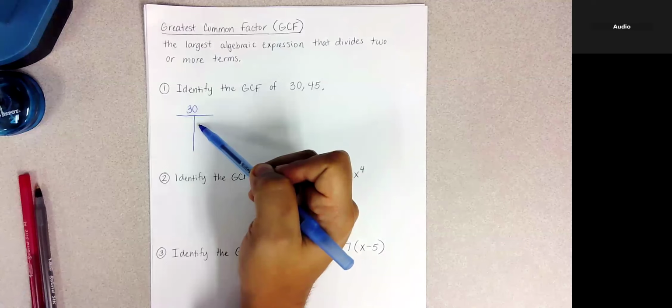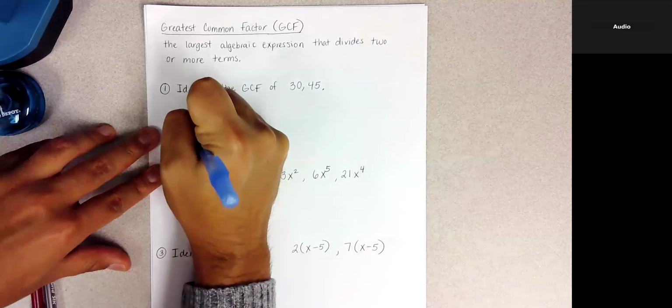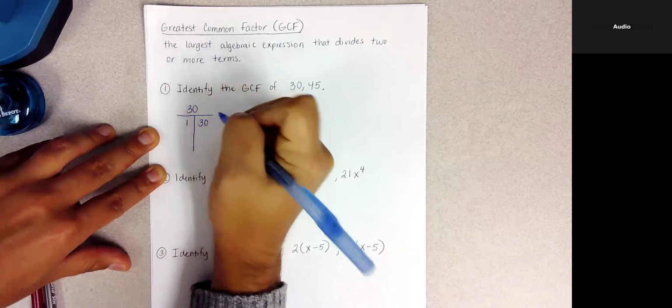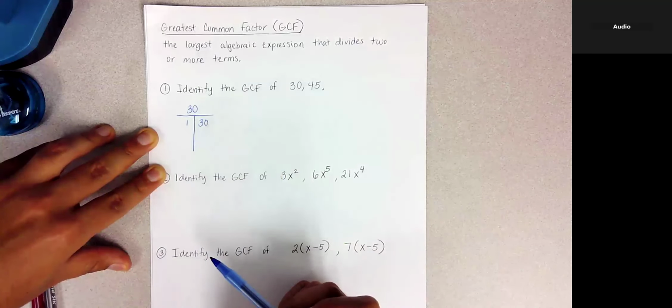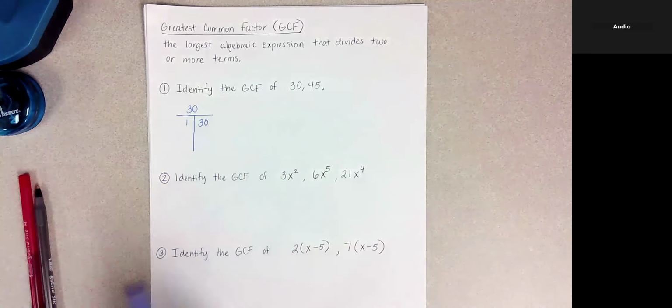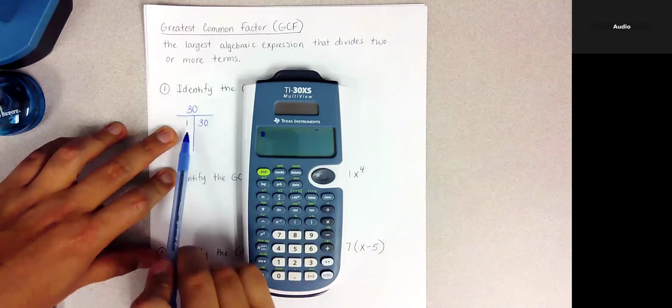Okay. So right away, you always want to start these factor t-charts with 1 times that number, because 1 times that number will always give you the original number that we're examining, okay? So if we're not sure if that's correct, you can always just check yourself with a calculator.